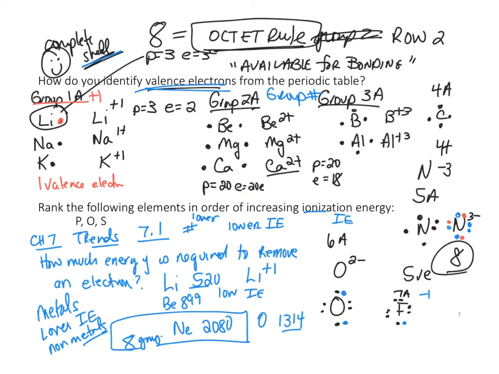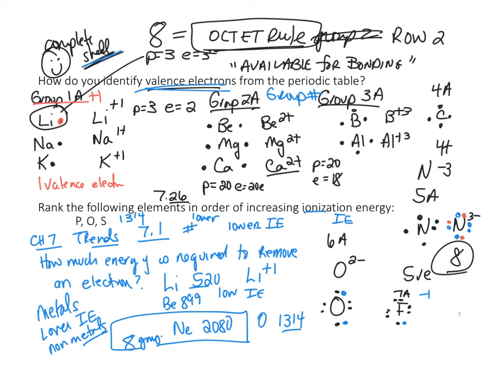For these, oxygen is 1314. We don't have sulfur and we don't have phosphorus. I think these are ionization energy. Okay, so let's look at the table.